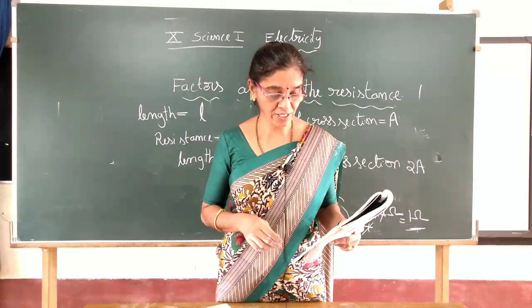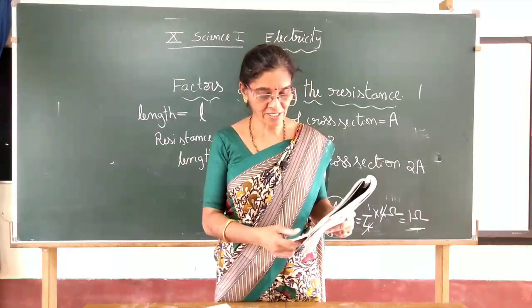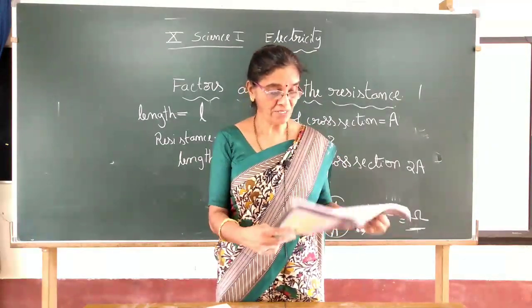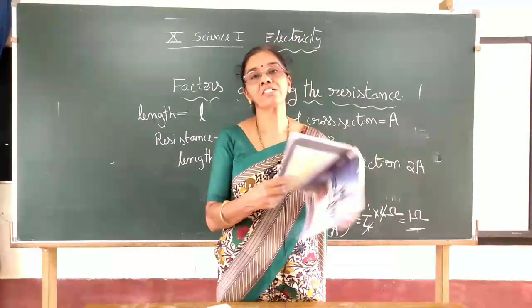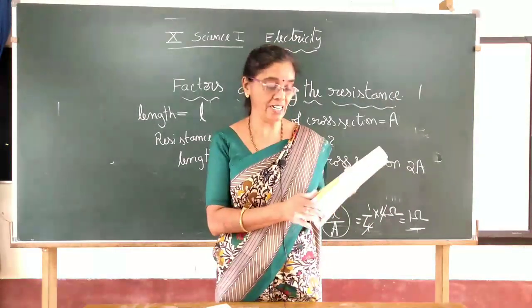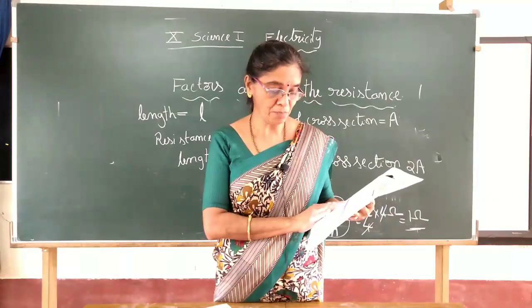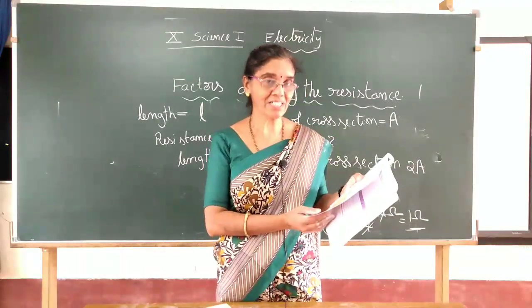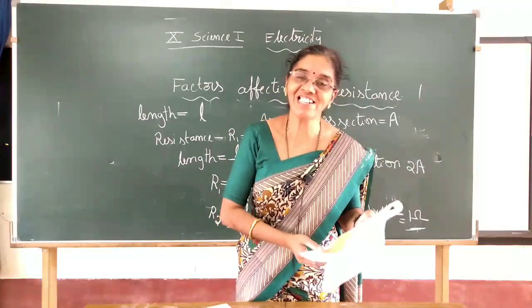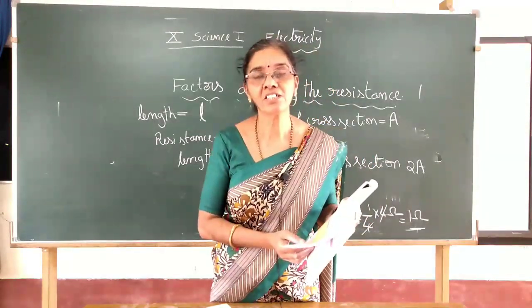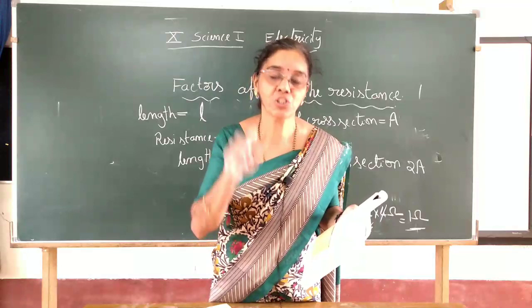Next one, the last one. Using the table, you have to answer. The table is the previous table which we have seen. This table you have to see and tell. The first question is, which among iron and mercury is a better conductor? For a better conductor, what do you have to check? Its resistance should be less or more? It should be less.